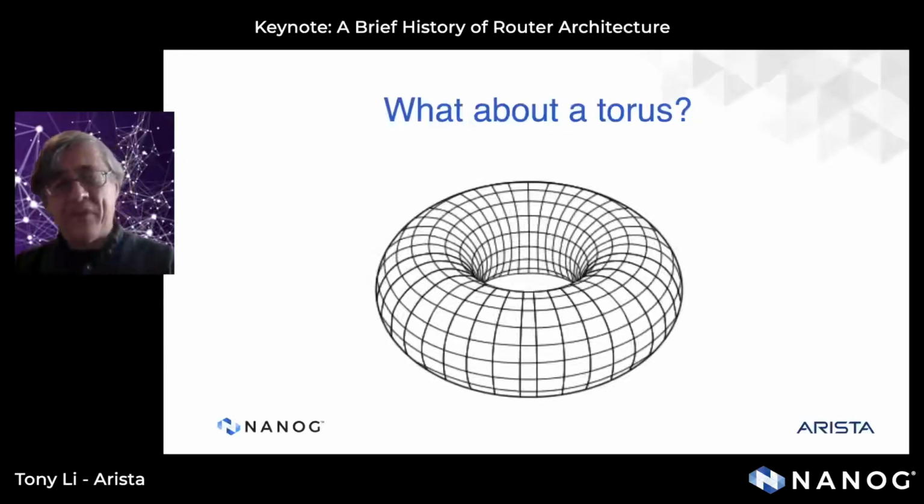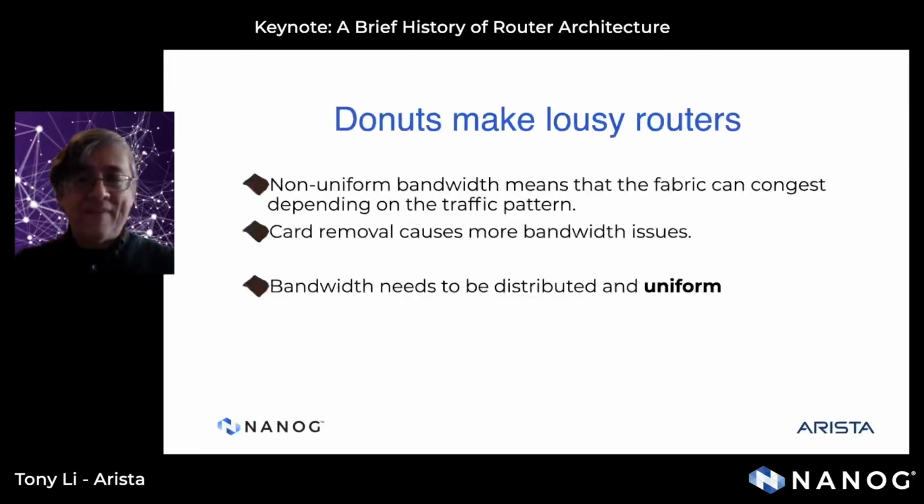Okay, here's a crazy one I can't even draw. What if we arrange our router in a torus? Well, theoretically, that looks great. It's consistent, but what happens? Well, it's non-uniform bandwidth.